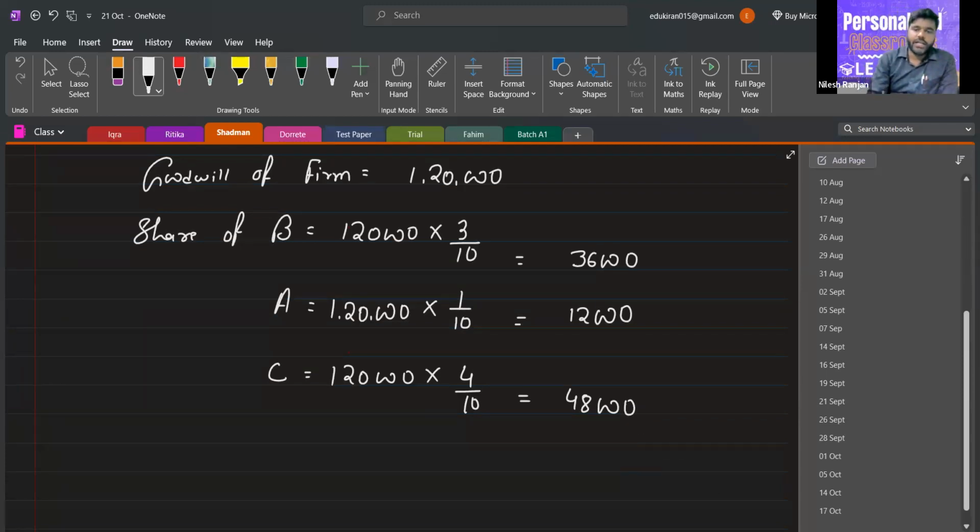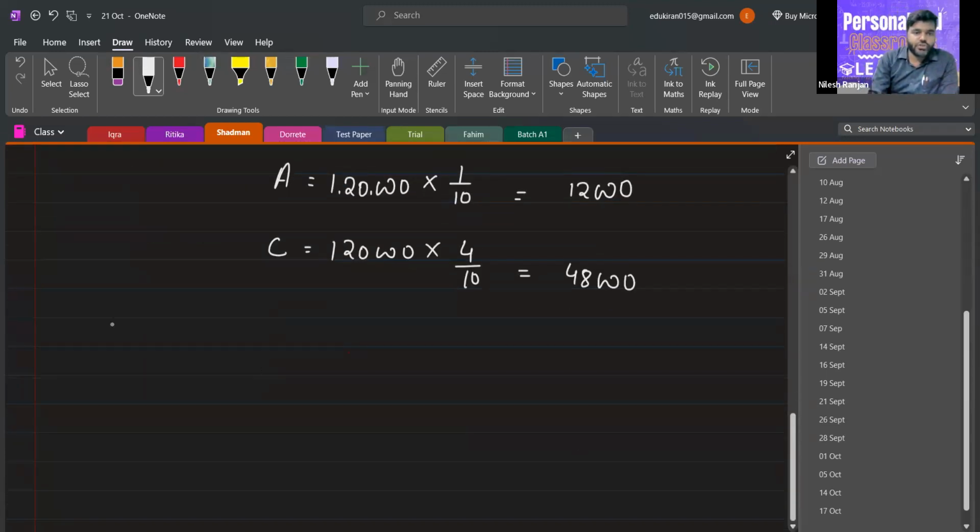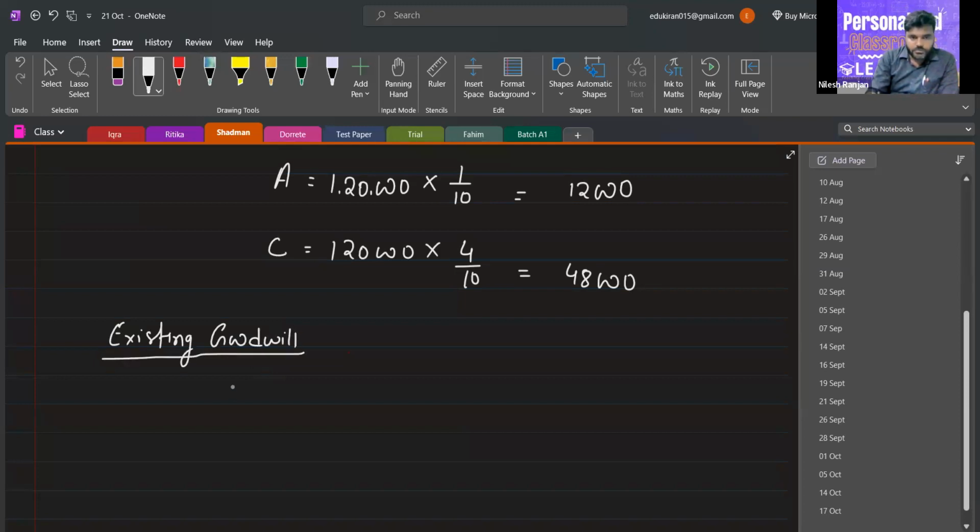Now existing goodwill is written off in the old ratio. Existing goodwill is 80,000 in the portion. For A, B, and C, it is 80,000 into 5/10, 80,000 into 3/10, and 80,000 into 2/10.